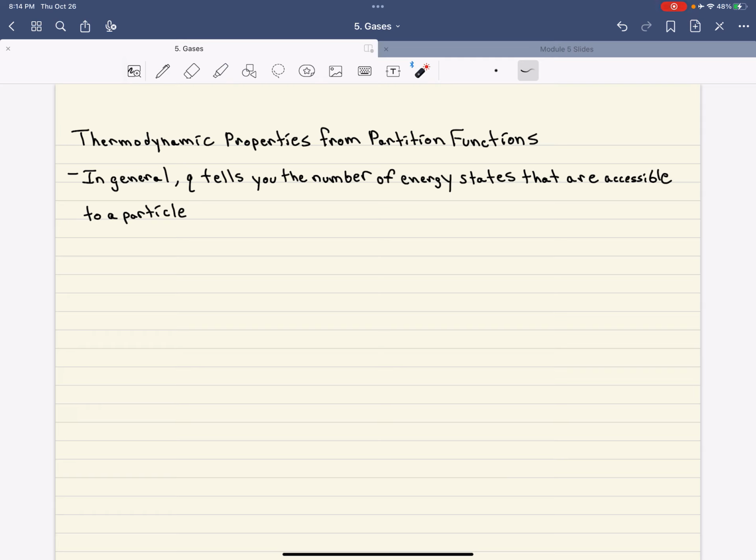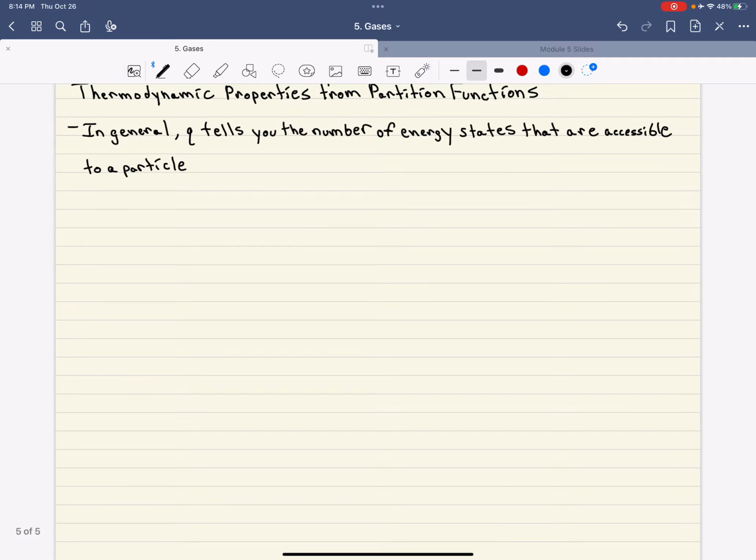Because q is involved with the probability distribution, and it is basically a summation of something proportional to the probability distribution, the partition function is going to have a lot of the same mathematical properties as the probability distribution.